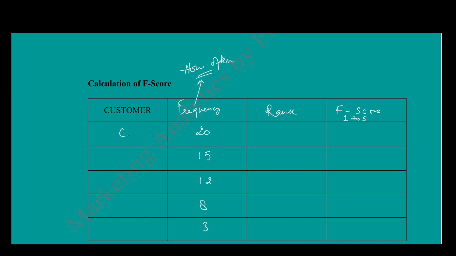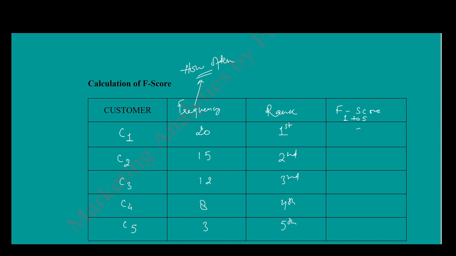So this way my customer number 1, customer number 2, 3, 4 and 5. So I'll definitely give first rank to customer 1 because of his maximum frequency. Second to customer number 2, third, fourth and fifth.